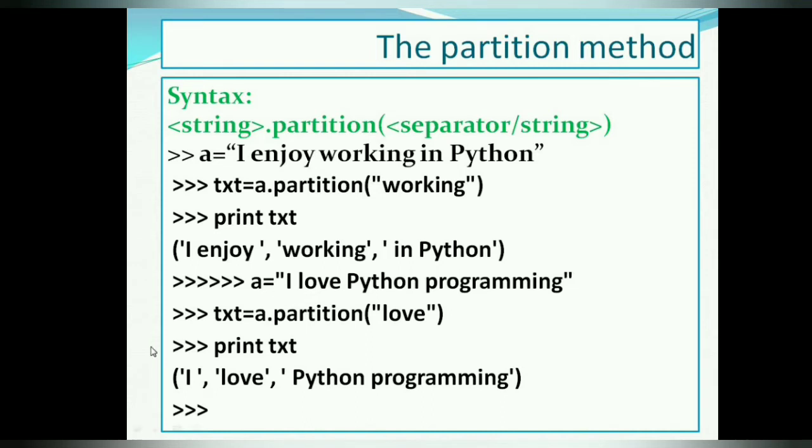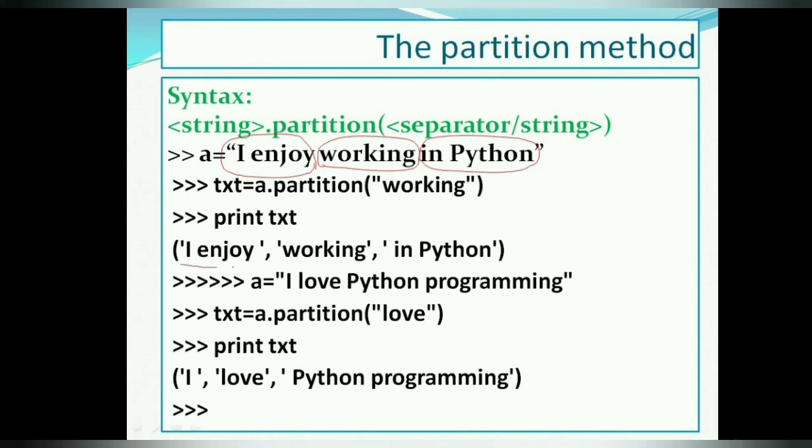Here a is equal to "I enjoy working in Python". Now we are separating by using working as the separator, then we will have three strings: the part before working is 'I enjoy', the part after working is 'in Python', and the separator itself is 'working'.